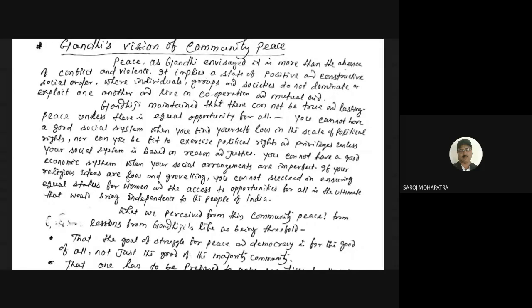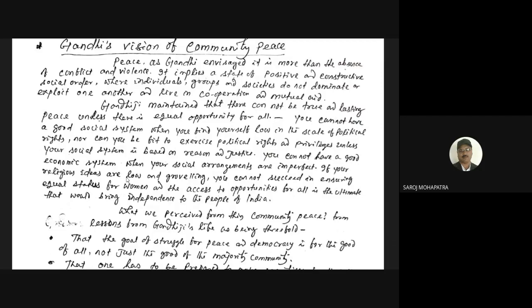You cannot have a good social system when you find yourself low in the scale of political rights, nor can you be fit to exercise political rights and privileges unless your social system is based on reason and justice. You cannot have a good economic system when your social arrangements are imperfect.